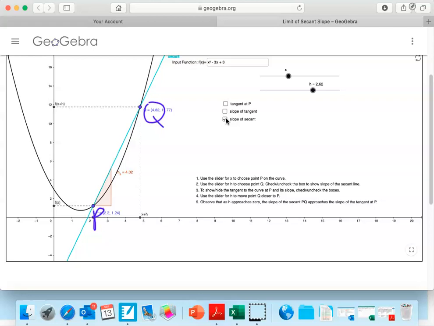To go from one point to another on the line, you go up 4 over 1, up 4 over 1, up 4 over 1, right? So the slope of this line is around 4. We don't want the slope of that line.